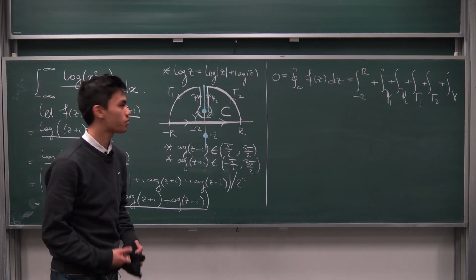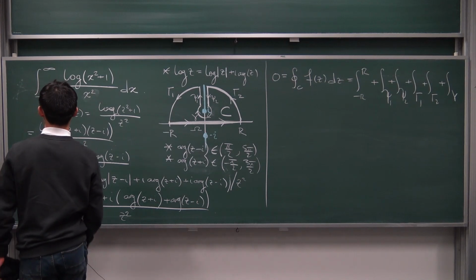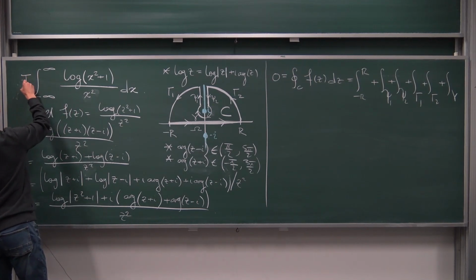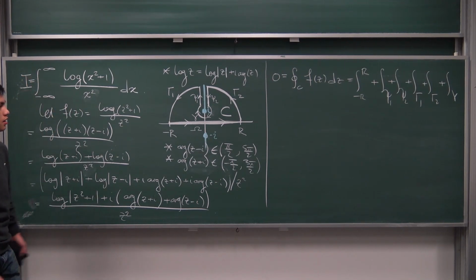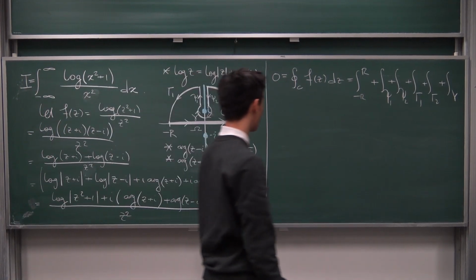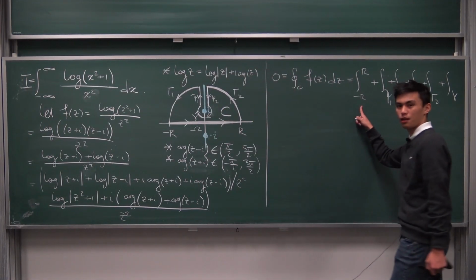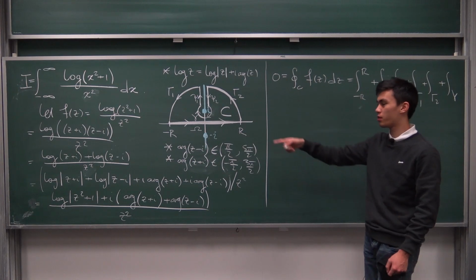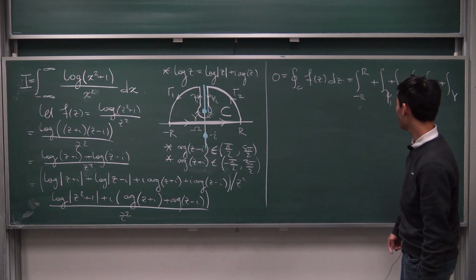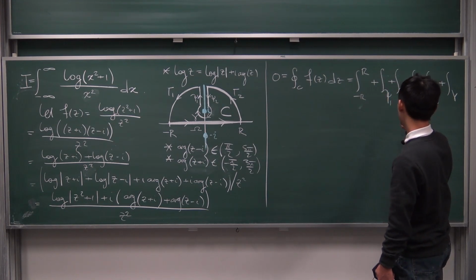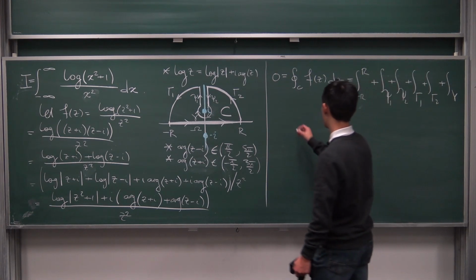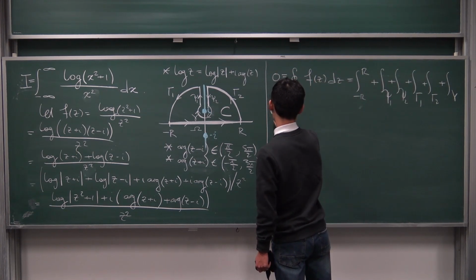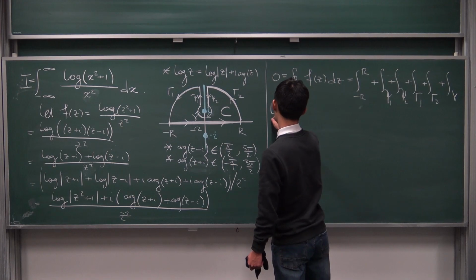We might as well start doing them one by one. Let's call this integral at the very start I as well, because if you take the limit on the integral from minus r to r, you're just going to reproduce I. It's pretty easy to see that. So we have 0, in the limit as r approaches infinity.